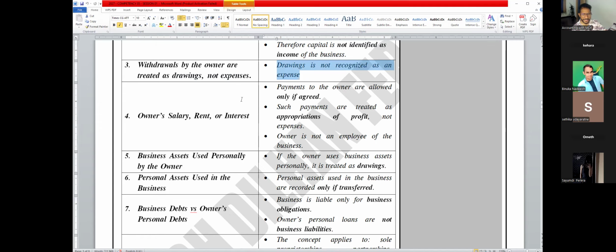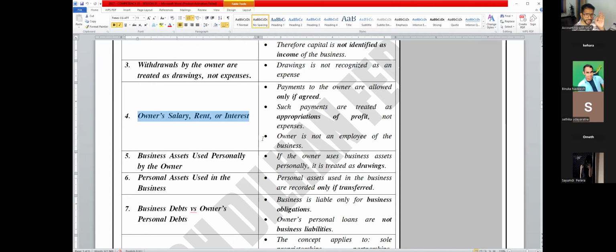Let's say it's a cash drawing: it decreases the asset cash, but it is not an expense. Why? Because of the application of the accounting unit concept. It is a personal transaction of the owner. It is a personal drawing of the owner. It is not an expense of the business. Understood? Let's continue.